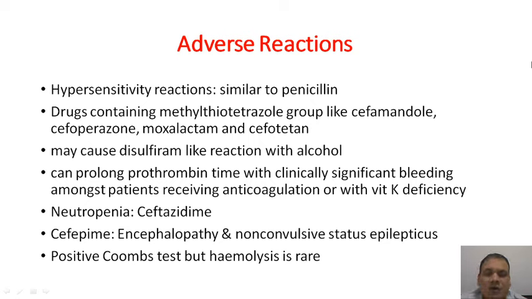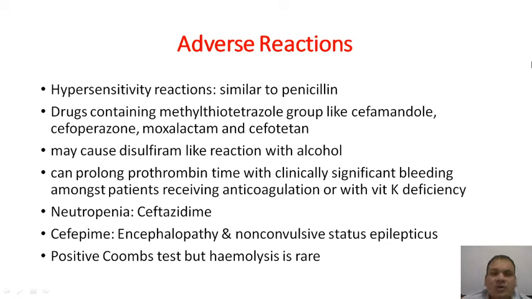So it can vary from mild to severe, just like penicillin. Now, an important thing about hypersensitivity reactions: what are the clinical implications? Suppose the patient has shown a hypersensitivity reaction to penicillin. If I ask you, can we give cephalosporins to these kinds of patients? There is something called cross sensitivity.